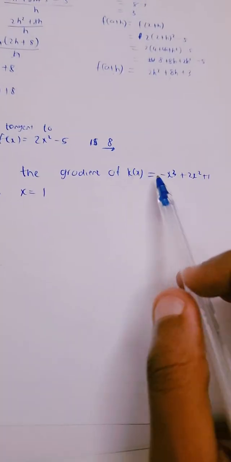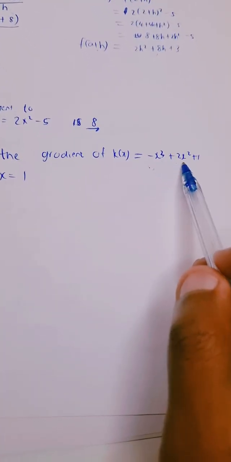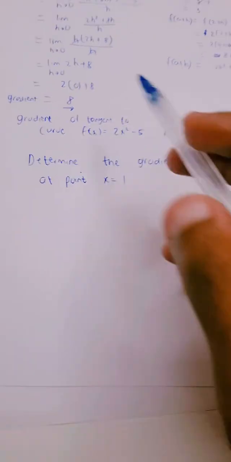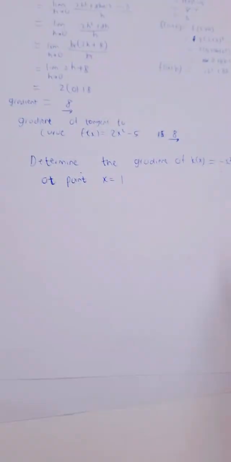Determine the gradient of k of x is equal to negative x cubed plus 2x squared plus 1, at the point x is equal to 1.